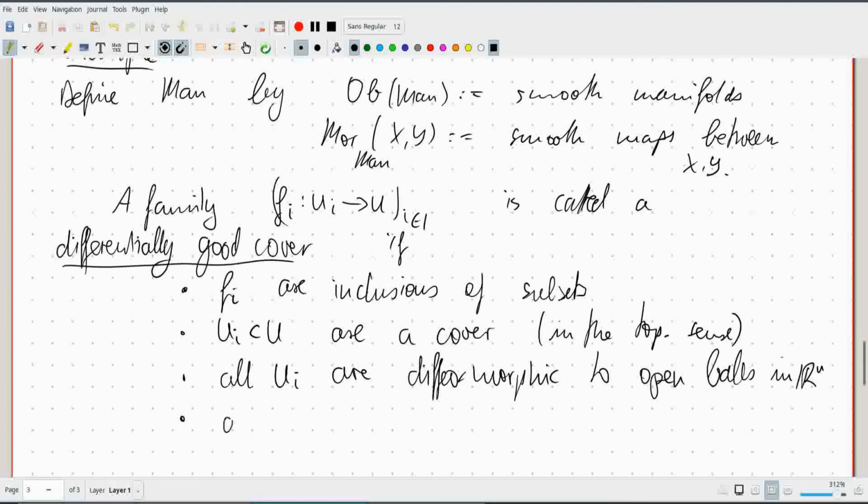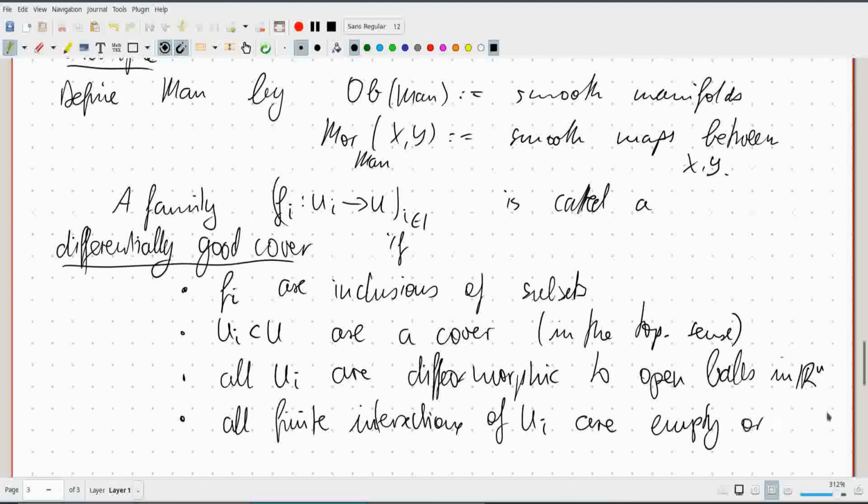And most importantly, not only are all of the U_i diffeomorphic to open balls in R^n, all finite intersections of U_i's are either empty or diffeomorphic to open balls.